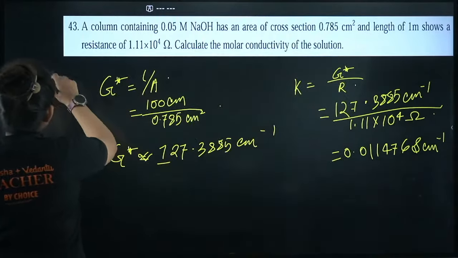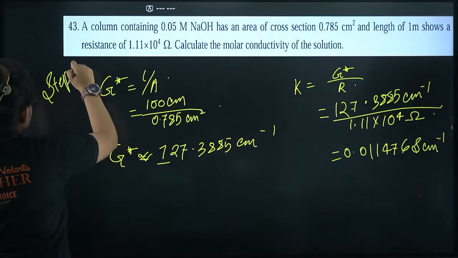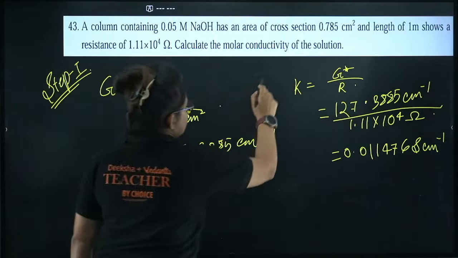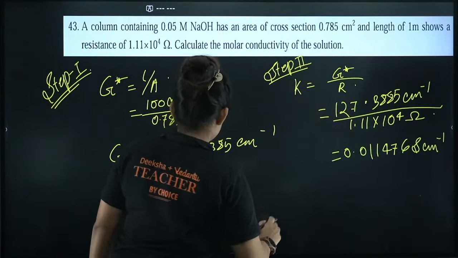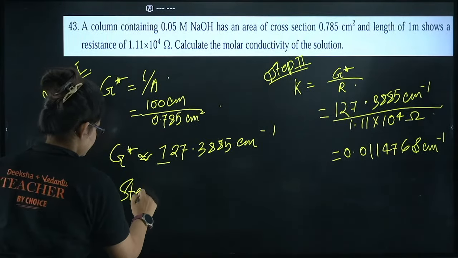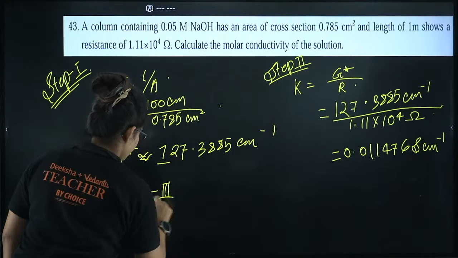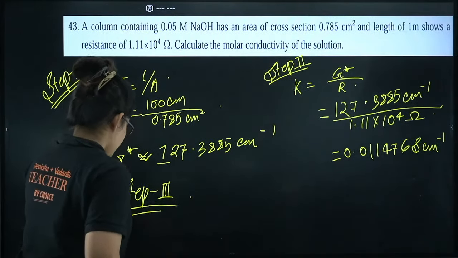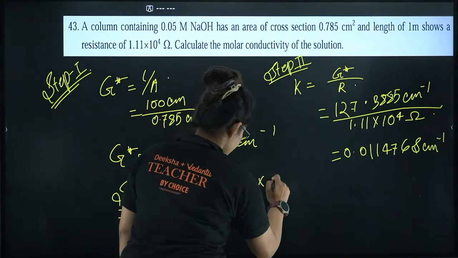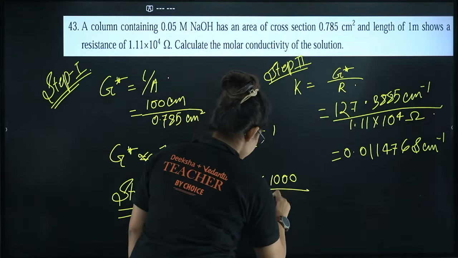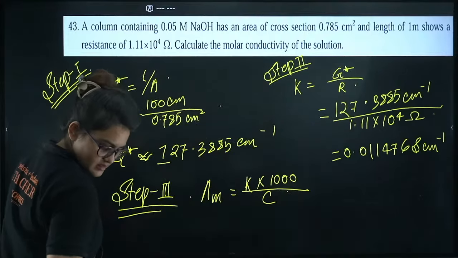Okay, so this is your step number 1, this is your step 2. Okay, from here what you can do, step 3. Here I can do lambda m, that is basically kappa into 1000 divided by C, right?